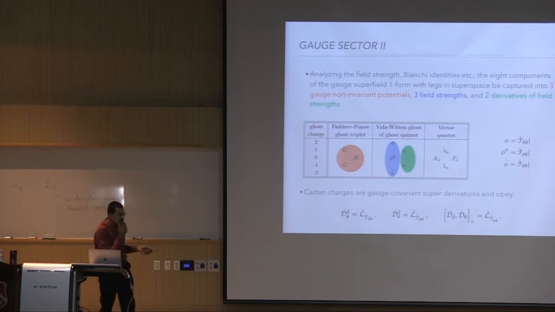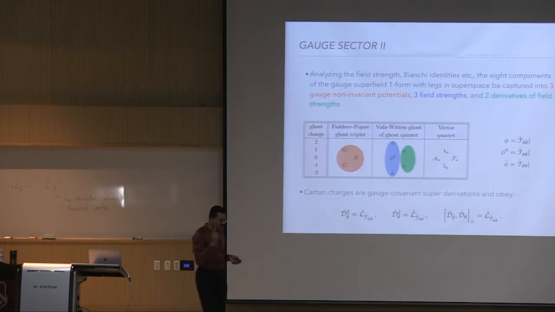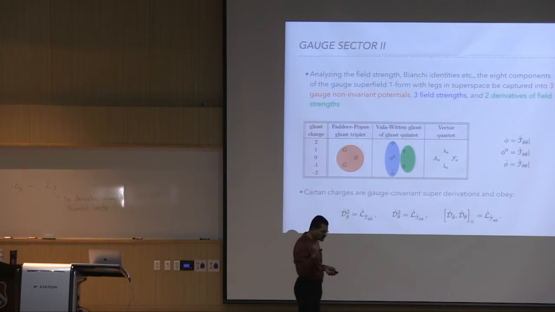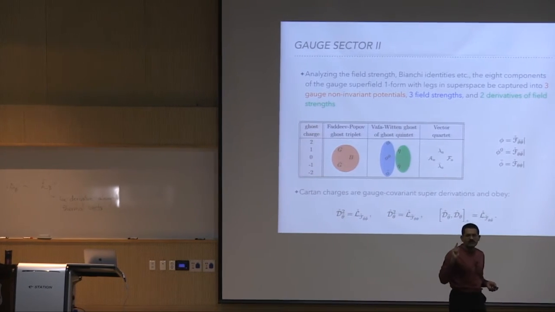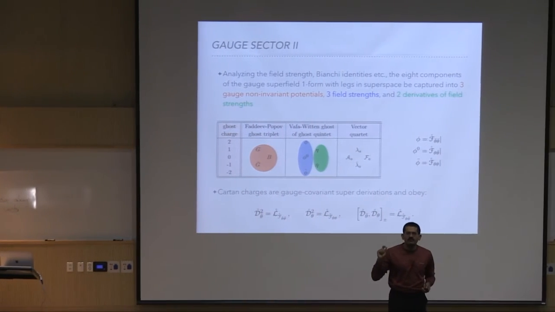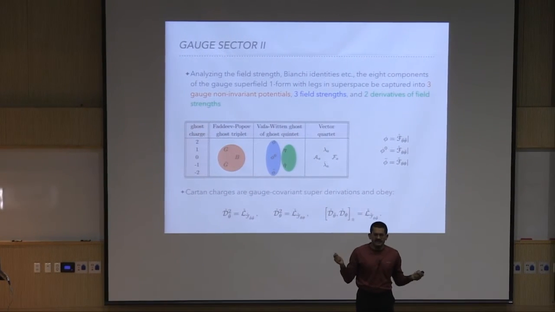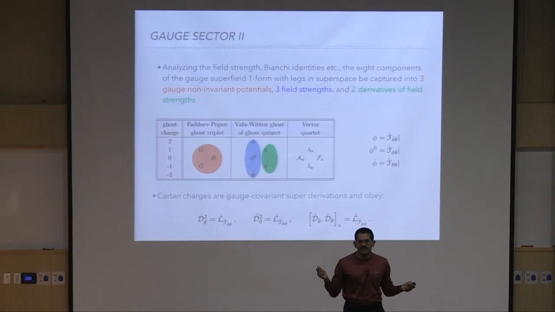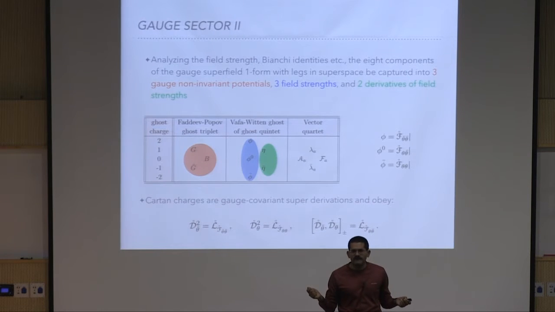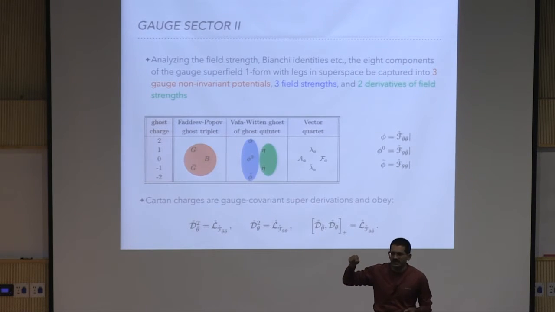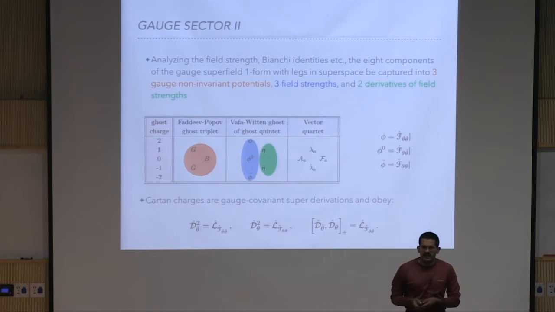Okay. Now, what I said before was that we have 2 cohomology generators, D and D bar, which are nilpotent. But anybody who has studied theories with gauge symmetries knows that it's silly to work with differential operators that are not gauge covariant. D and D bar are nilpotent, they square to 0, but they're not gauge invariant.